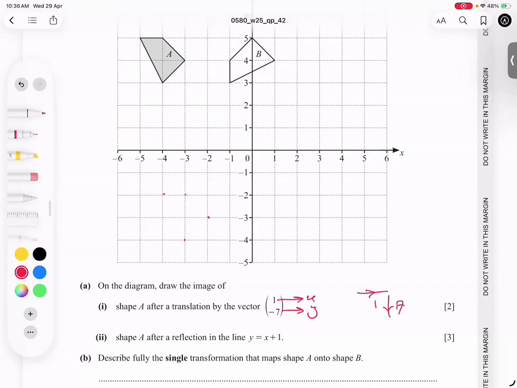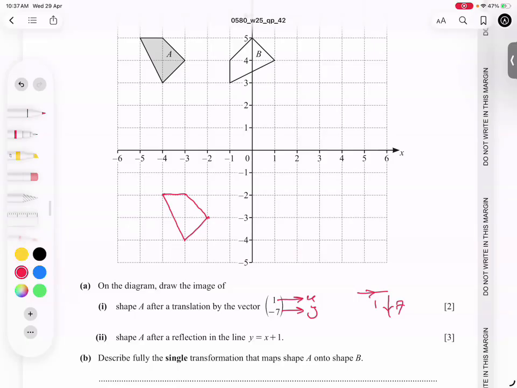I think the idea is very clear, students. This is done, students. Now we can go for the next part.